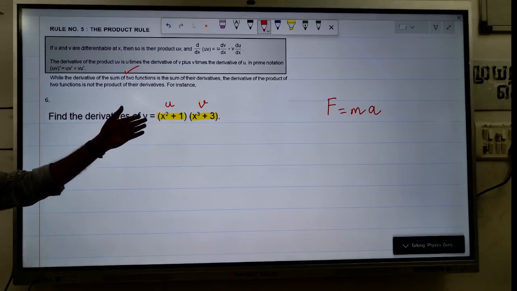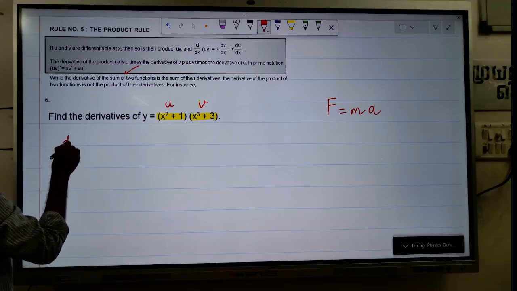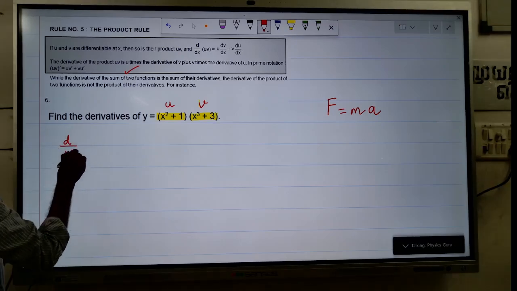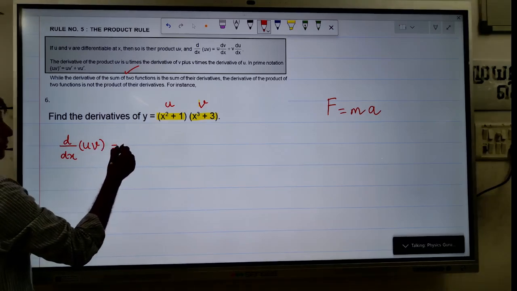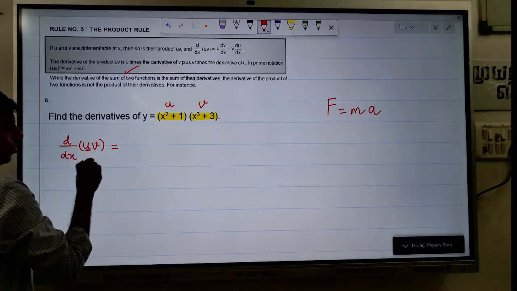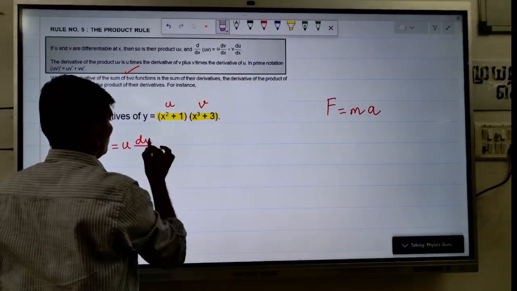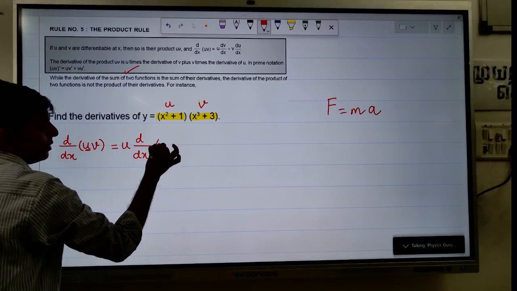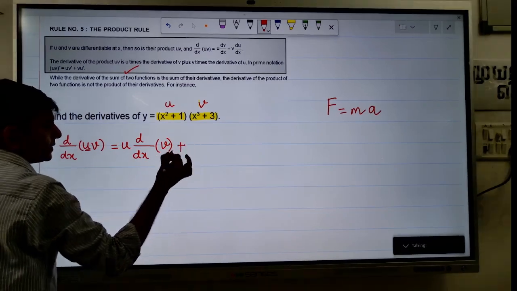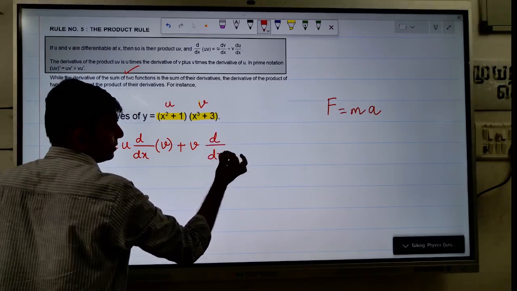So what's the formula? d by dx of uv is equal to, first what we have to do, we have to keep one quantity constant, du by, sorry, wait. d by dx of the second quantity, plus keep the second quantity constant, differentiate the first quantity.